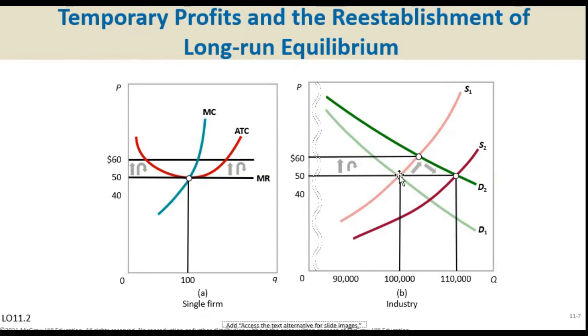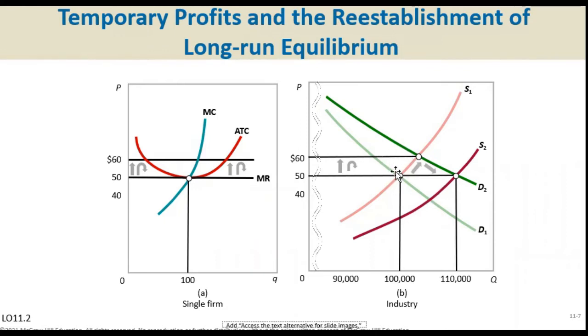If this was the original equilibrium, now the disequilibrium of the market creates that economic profit because the price now is higher. They're going to draw the firms to that particular industry because there's a profit to earn, right? There's a profit to earn.